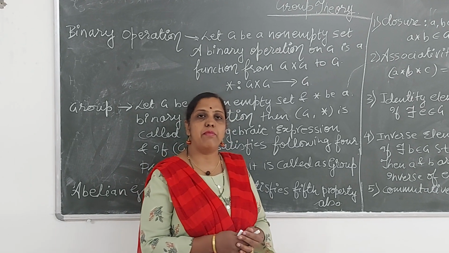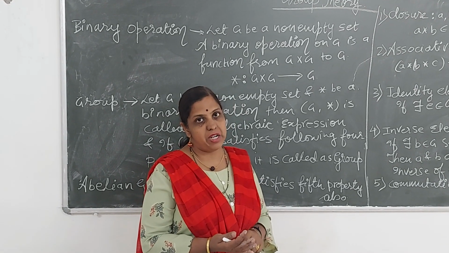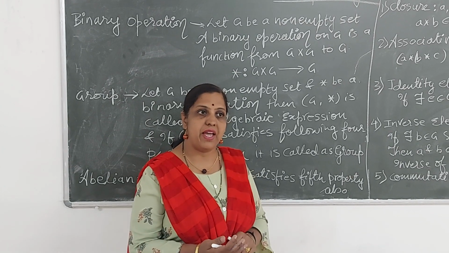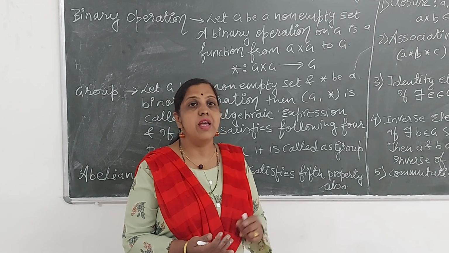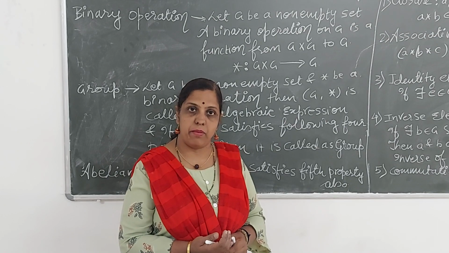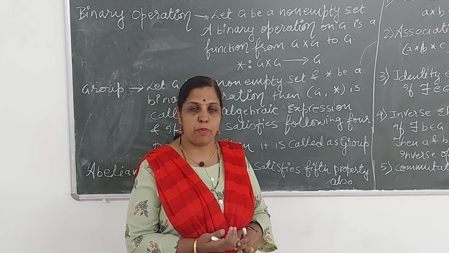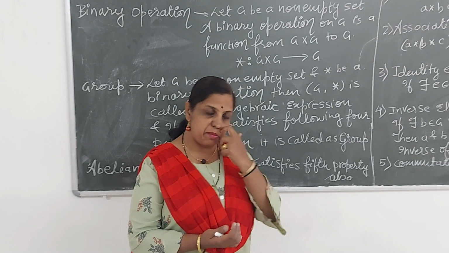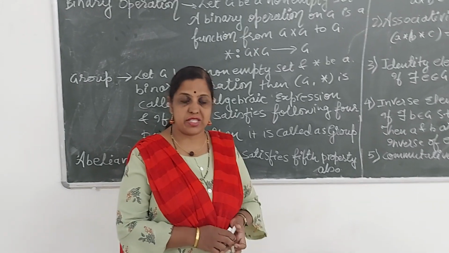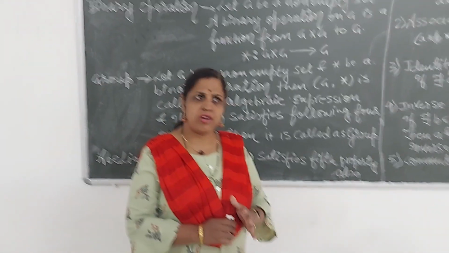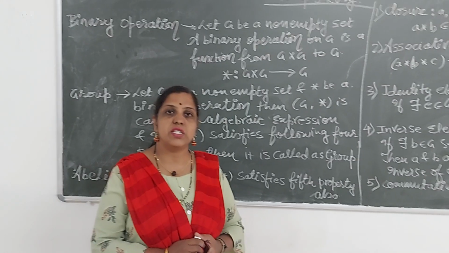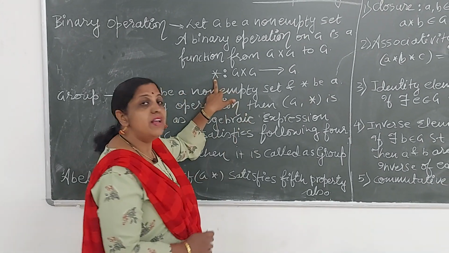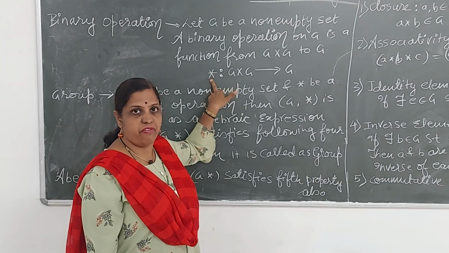Binary operation can be addition, it can be multiplication, or it can be a specific definition given in a particular problem. Binary operation can be defined in many ways, but generally it is denoted by the symbol star and then it is defined.